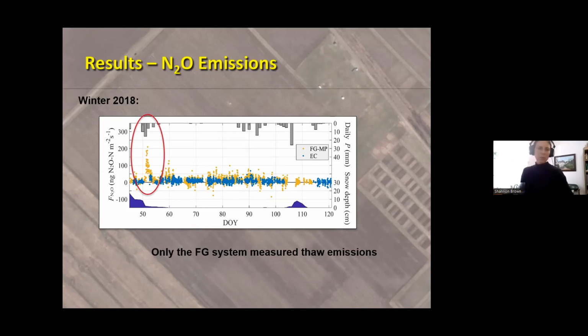There was one spring thaw event, and that coincided with periods of precipitation. In this case, only the flux gradient system was able to measure the thaw emissions. That showed the advantage of having this alternate method of measuring fluxes as opposed to eddy covariance.